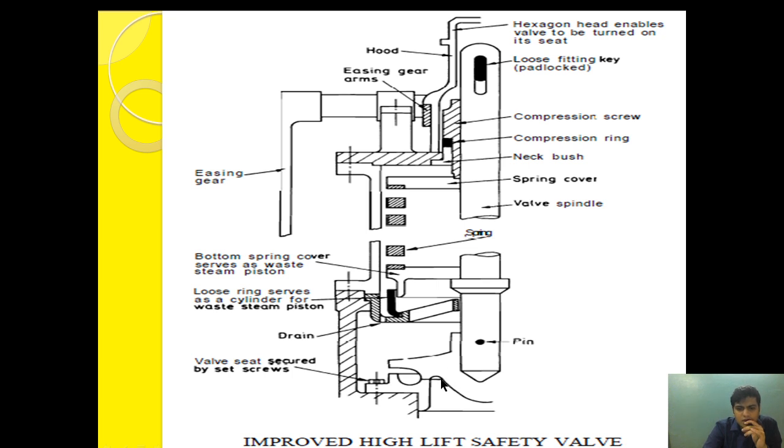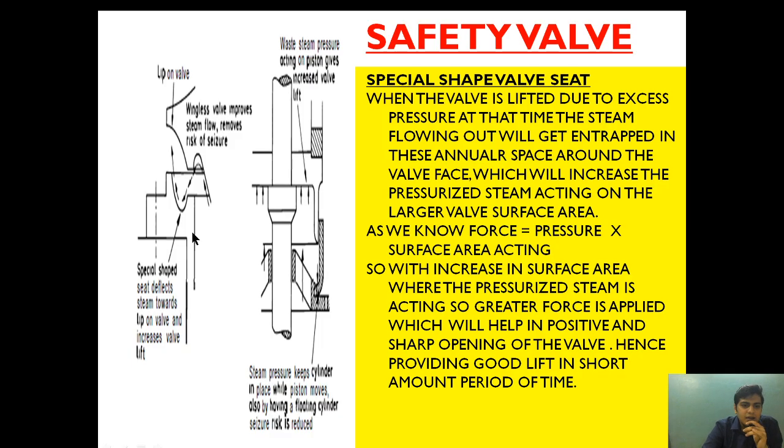This surface area from the center of the spindle and this surface area from the center of the spindle, as you can see, have a vast difference. So the surface area where the steam is acting is increased by the specially shaped valve seat and valve, and it is acting on the full valve surface area, providing a better lift.